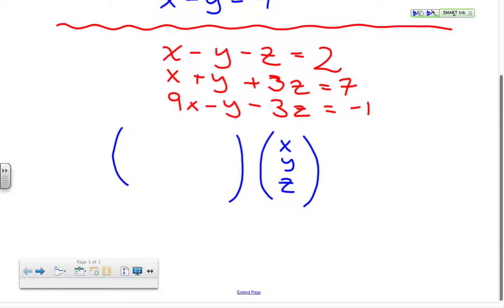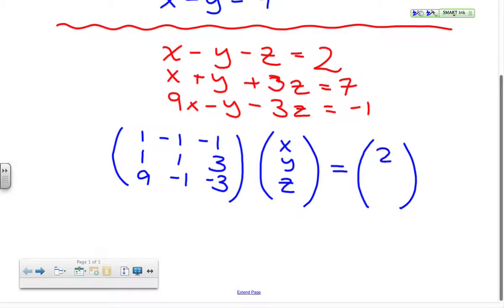If we look at the first equation, the coefficient on the x is 1, on the y is -1, and on the z is -1. So I have 1, -1, -1. The next one I have 1, 1, 3, and the very last one I have 9, -1, -3. And it's going to equal our answers, 2, 7, and -1.